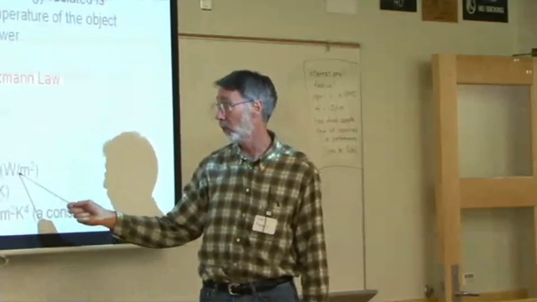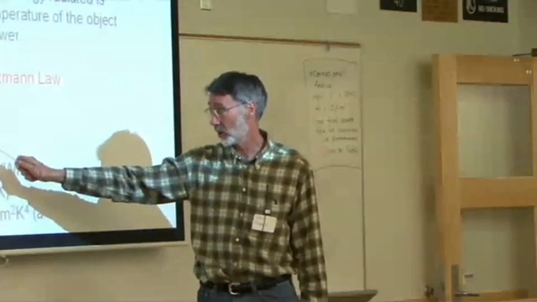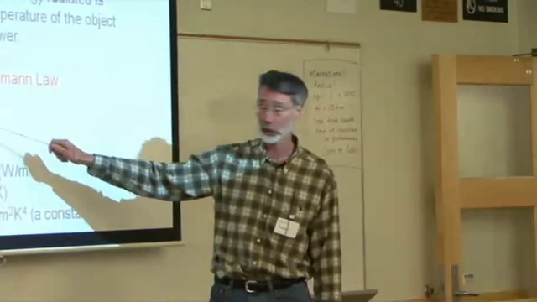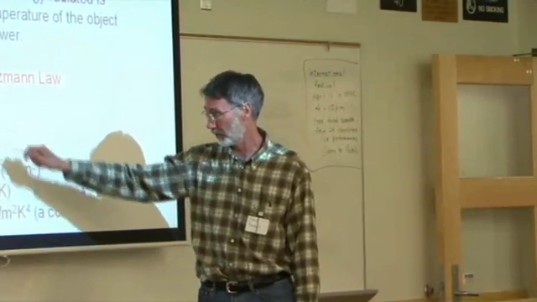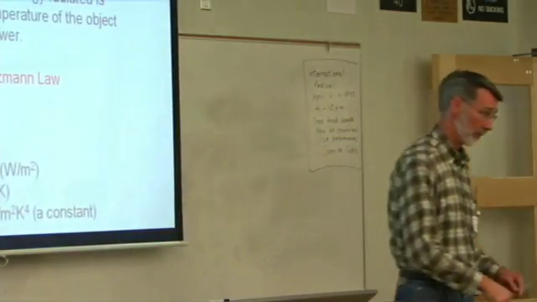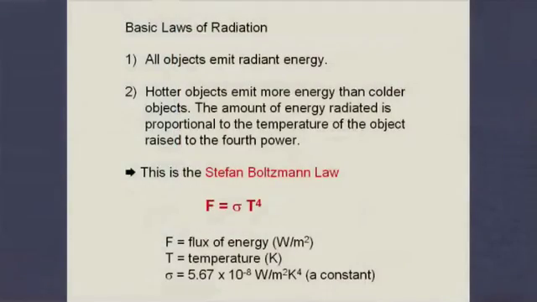The flux of energy from the body is this coefficient sigma times T to the 4th, and that's absolute temperature. And this coefficient has a known value. Not only is it a known value, it's an easy one to remember because it goes 5, 6, 7, 8. That's the only one I've ever been able to remember.